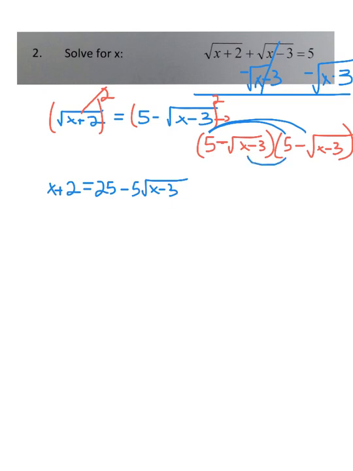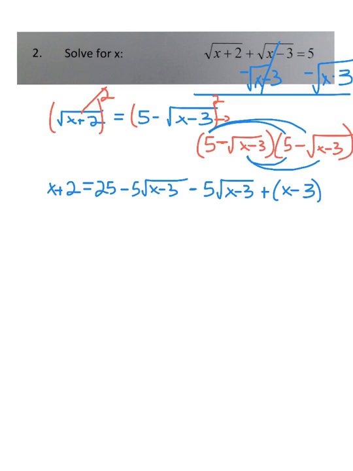Then I'm going to double distribute here, and that will also give me minus 5 radical x minus 3. And lastly, I'm going to distribute those two. Well, I have two negatives, so that's going to make a positive. And radical x minus 3 times radical x minus 3 is just a plain old regular x minus 3.